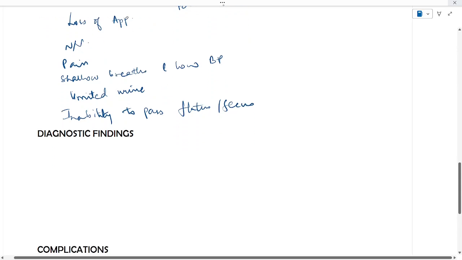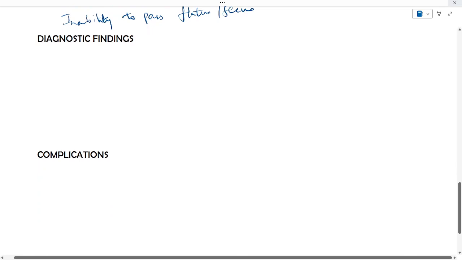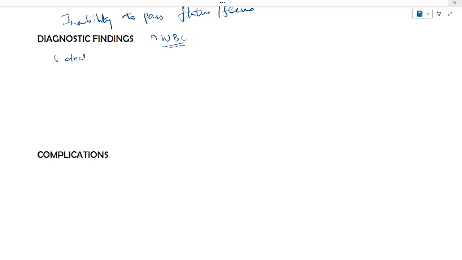What about the diagnostic findings? First of all, we will find an increase in the amount of WBC. Second, we will go for serum electrolyte studies. In the serum electrolyte study, there will be alteration in the levels of potassium, sodium, and chloride. Abdominal x-ray will show air and fluid levels, as well as distended bowel loops.